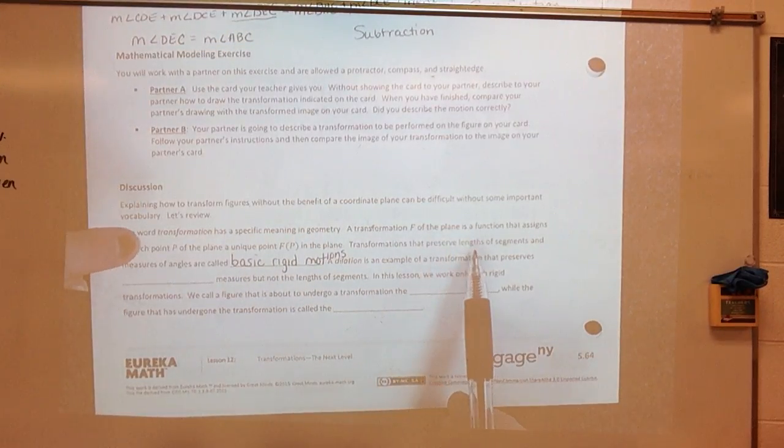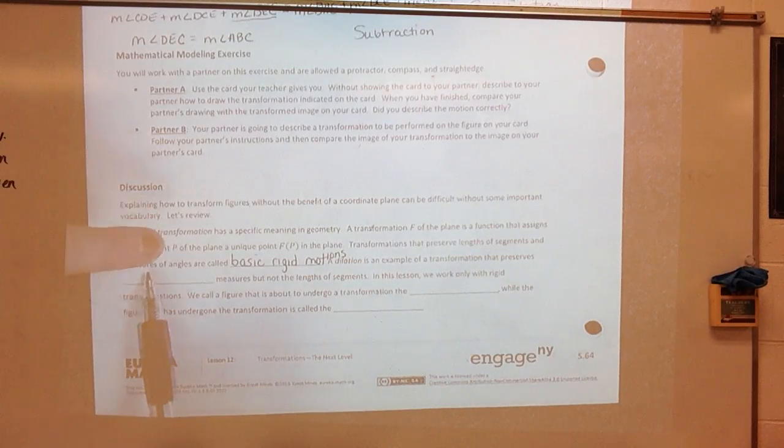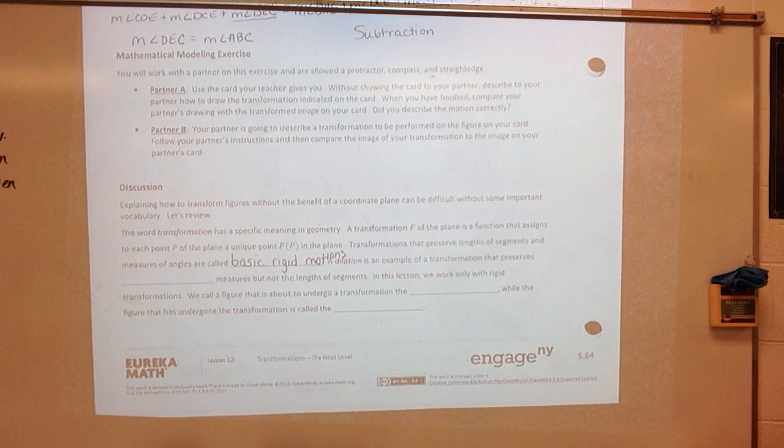Transformations that preserve the length of segments and measures of angles. In other words, nothing changes. It still has the same shape, still has the same angles. These are called basic rigid motions. A dilation is an example of a transformation that preserves blank.